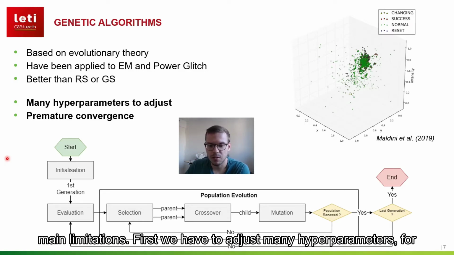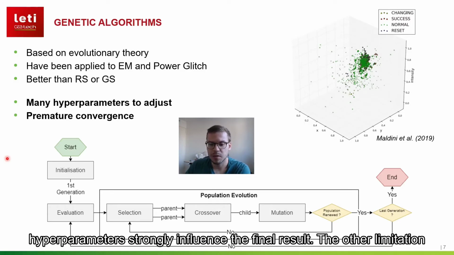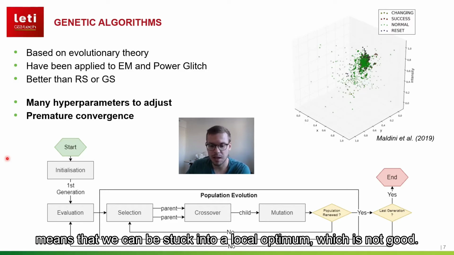First, we have to adjust many hyperparameters, for example, the number of generations and the selection strategy. These hyperparameters strongly influence the final result. The other limitation is that genetic algorithm can suffer premature convergence. That means that we can be stuck in a local optimum, which is not good.